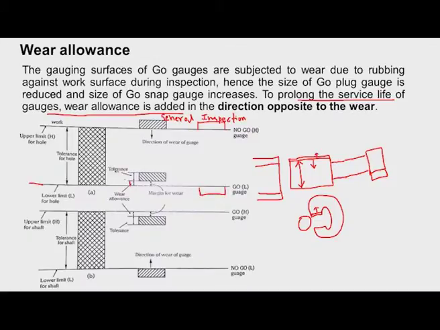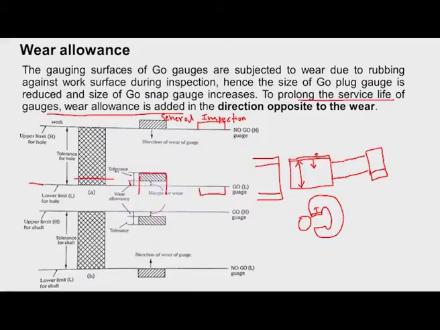Now there is some problem with this method. We are consuming some portion of the work tolerance. Let us assume that the workpiece hole is somewhere here. Actually it is within the work tolerance, so it is acceptable, but since we are consuming some portion of the work tolerance, the GO gauge is designed up to this size.